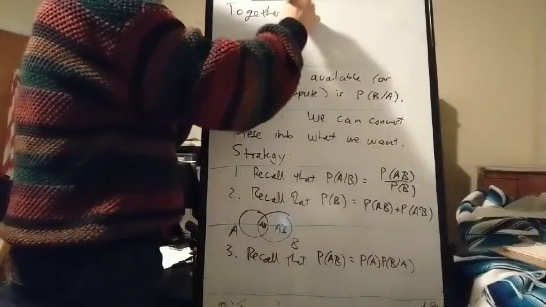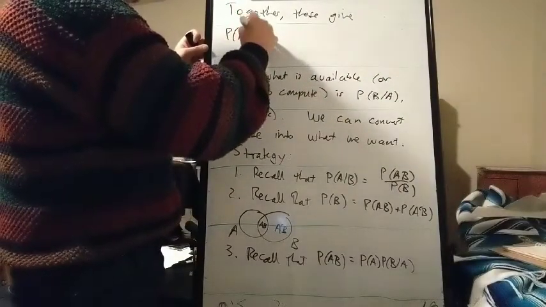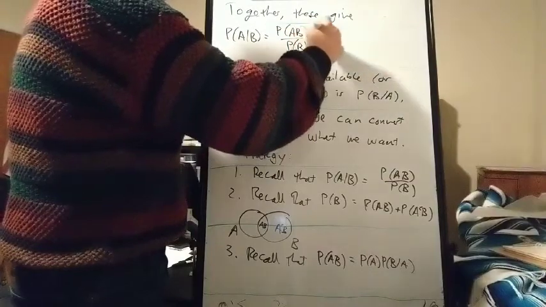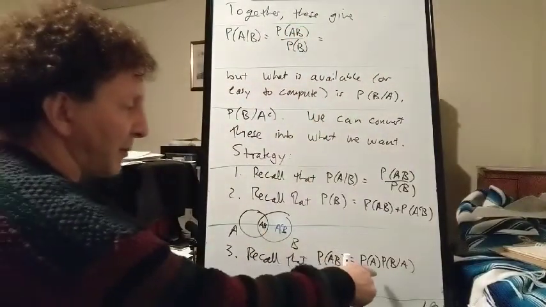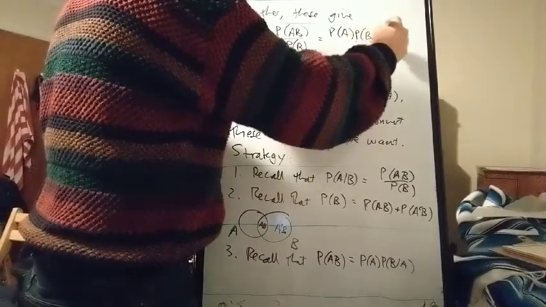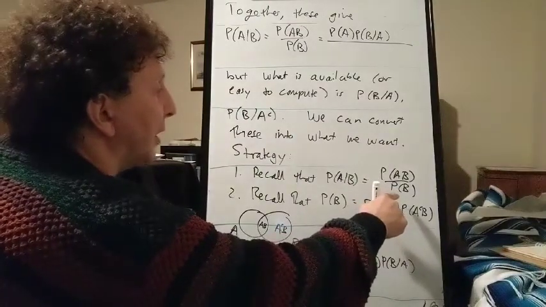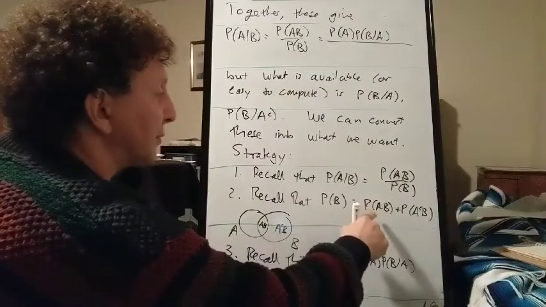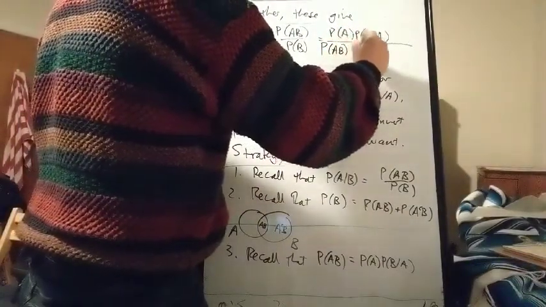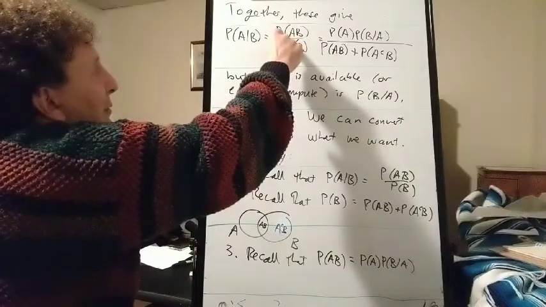So together, these give us that the probability of A given B is probability of AB over probability of B, and the probability of AB is probability of A times probability of B given A, over probability of B, which is probability of AB plus probability of A complement B. And then we can rewrite each of these just like we rewrote the probability of AB.